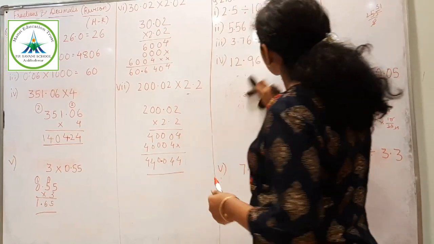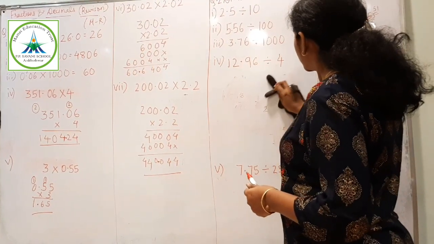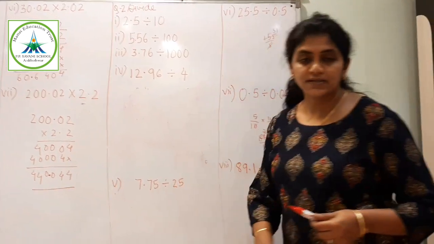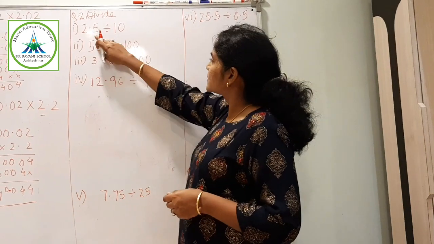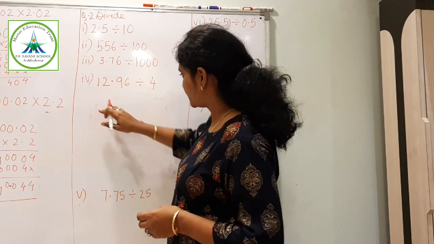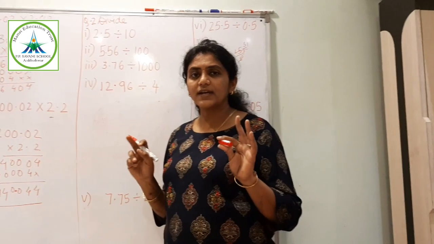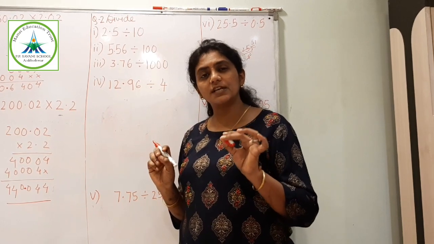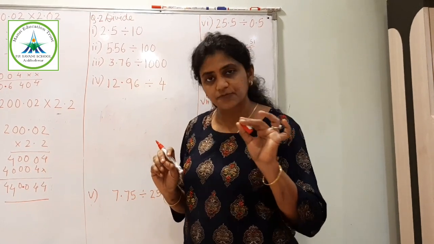Now question 2. Here you have to divide two numbers. One is a decimal number, 2.5 divided by 10. Division means it will be shifted towards the left.